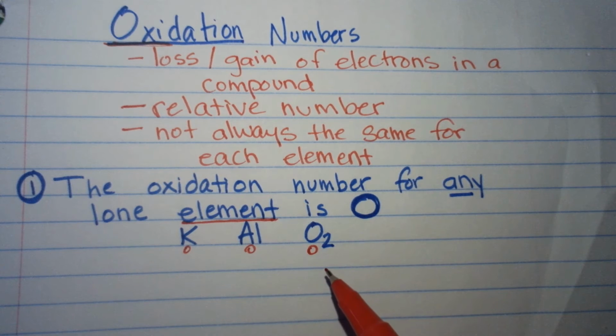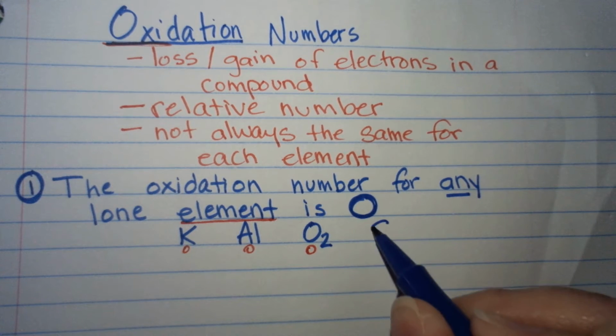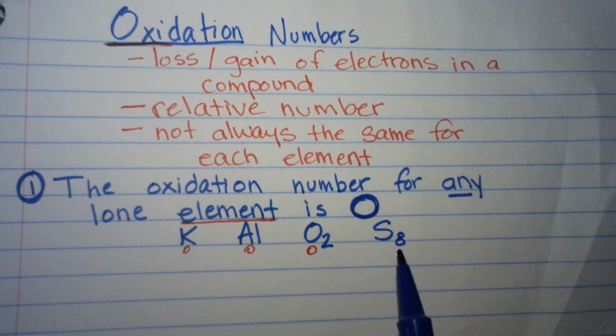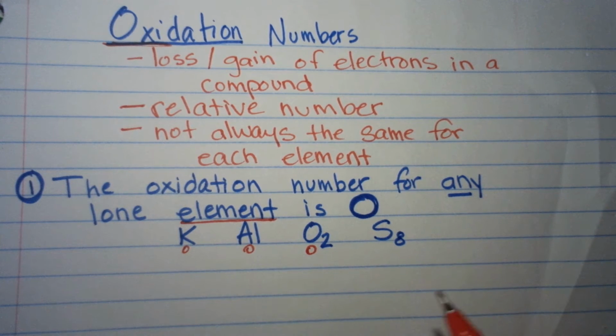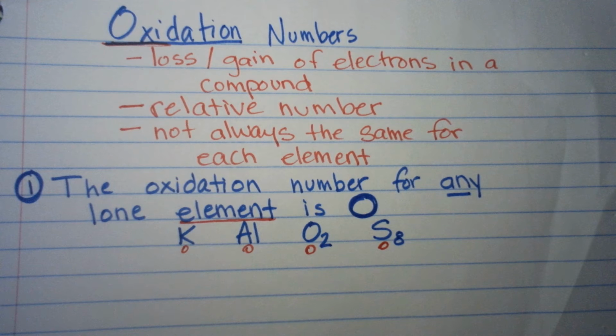They're not going to take away somebody else's electrons or give away their own. Same with this example here: there's 8. That's weird, we don't normally see numbers like that, but they're still all the same, so that oxidation number is still going to be 0. Cordell, write these notes down, okay?